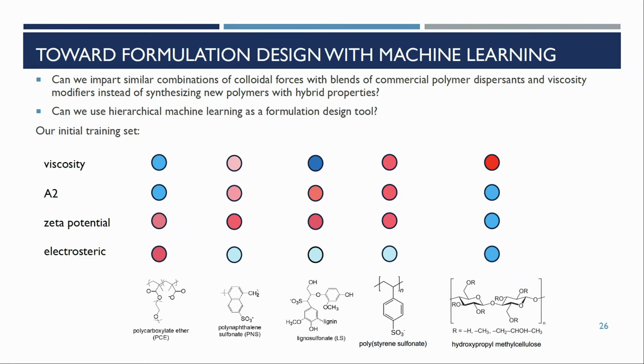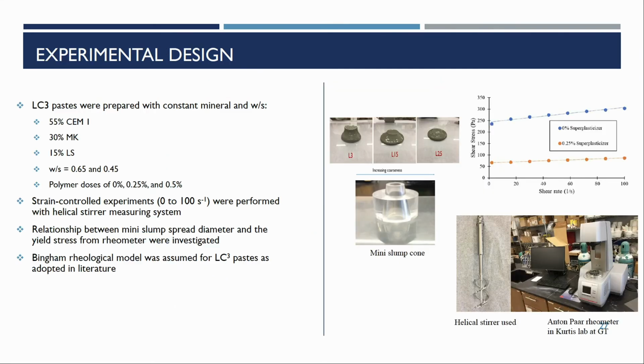And so what we're doing in terms of forces is starting to fill out a matrix of different combinations of these solution forces. Instead of doing polymer synthesis, we want to start looking at formulation design, guided by these forces here.